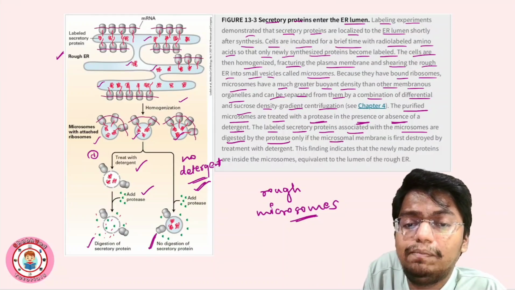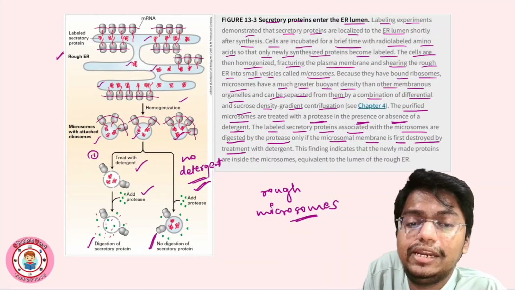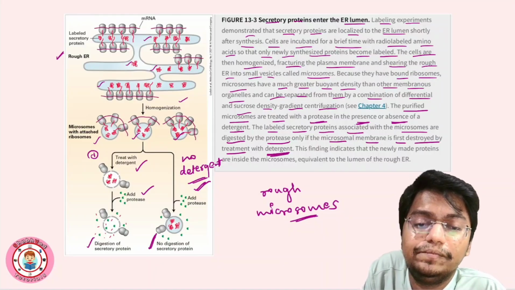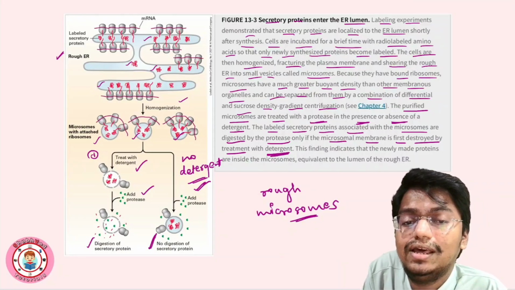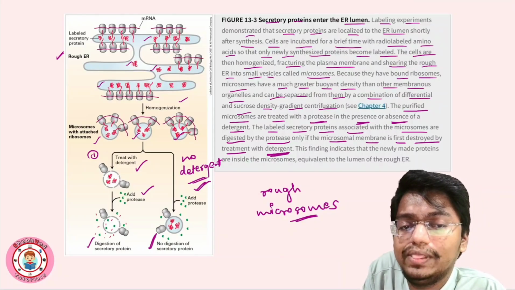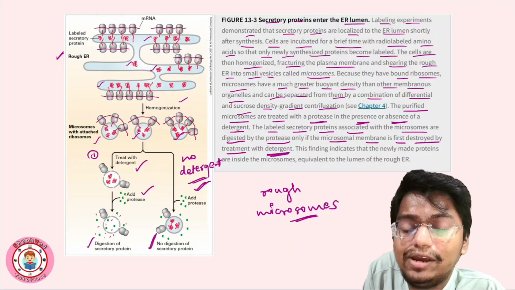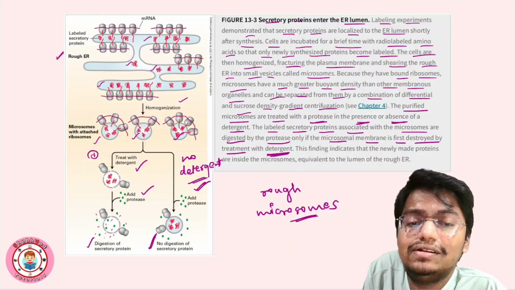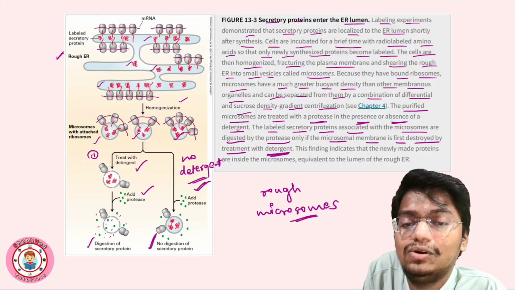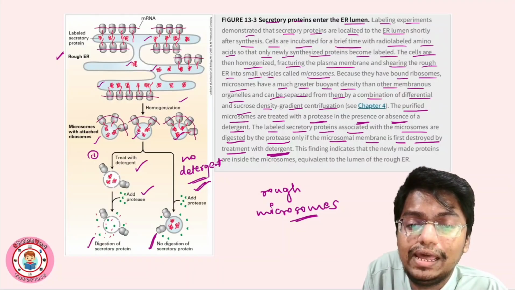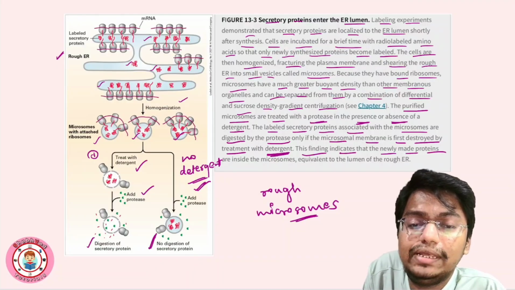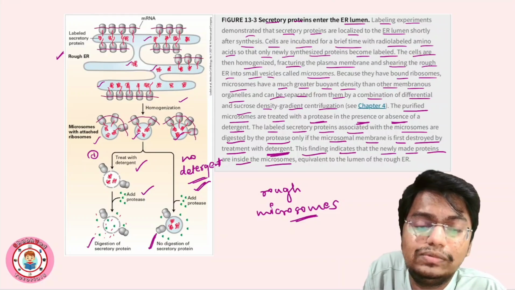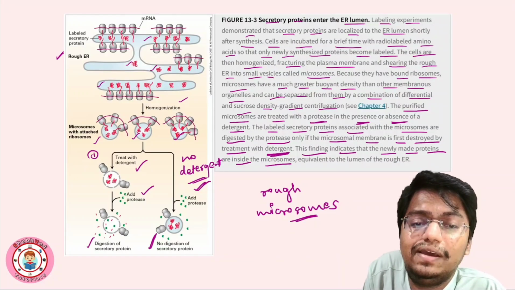Only if the microsomal membrane is first destroyed by treatment with detergent. ओके, मतलब जब डिटर्जेंट यूज करेंगे तभी प्रोटीन डाइजेस्ट होगी. रीजन, माइक्रोसोम की मेम्ब्रेन डिटर्जेंट से डिसरप्ट होगी. ये डिस्ट्रॉय होगी। दिस फाइंडिंग इंडिकेट्स दैट न्यूली मेड प्रोटीन्स आर इनसाइड द माइक्रोसोम्स। ओके, क्या समझा इससे?